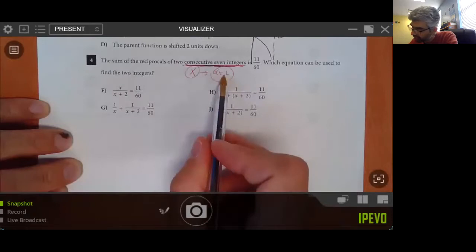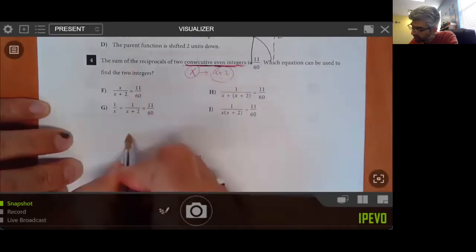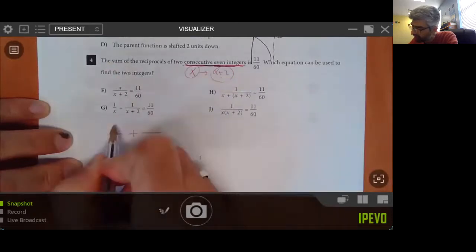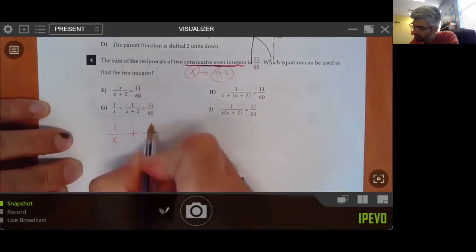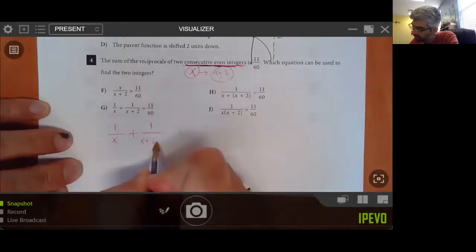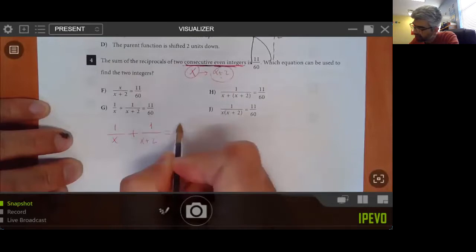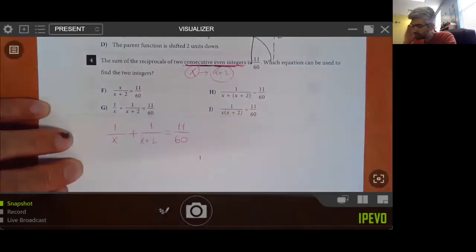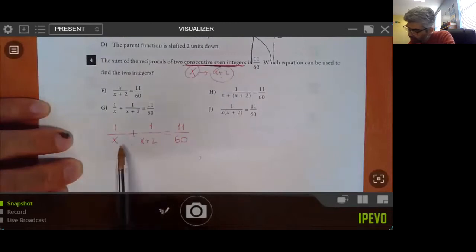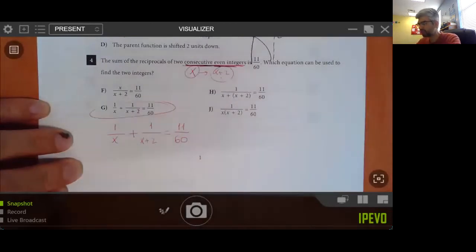And the sum of the reciprocals. So I have 1 over x and 1 over x plus 2 is 11 over 60. So this is the equation basically. Do we have it here? Yep, here it is. This is the answer.